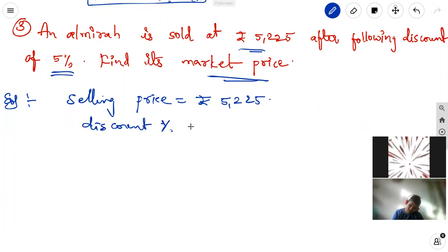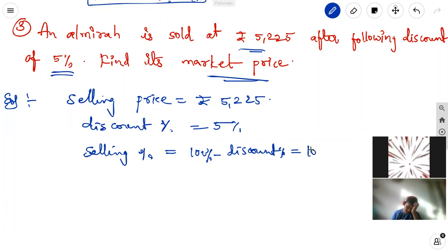Discount percentage is equal to 5%. If the discount percentage is 5%, then selling percentage equal to 100% minus discount percentage. That is equal to 100% minus 5% equal to 95%. The selling percentage equal to 95%.